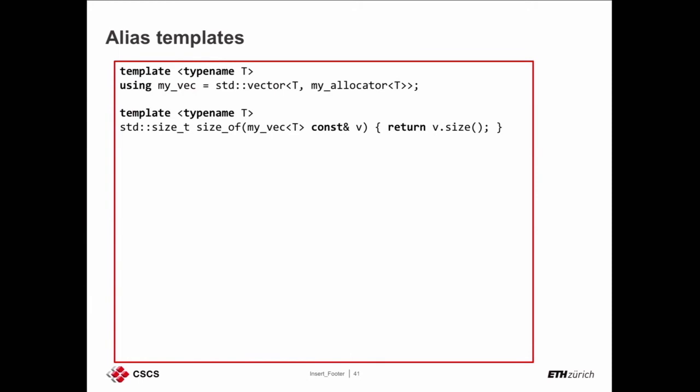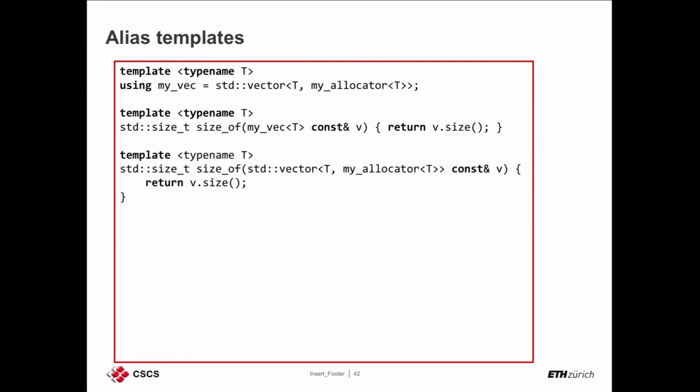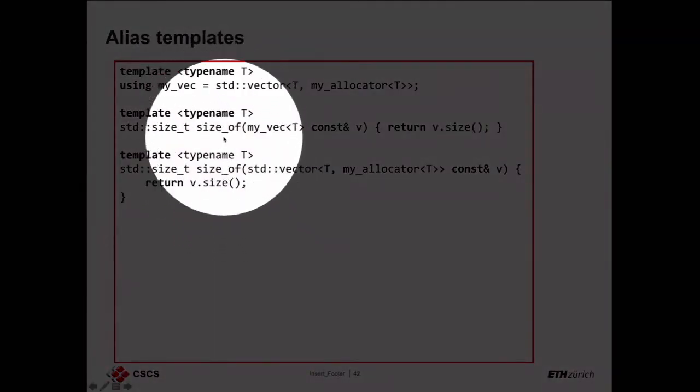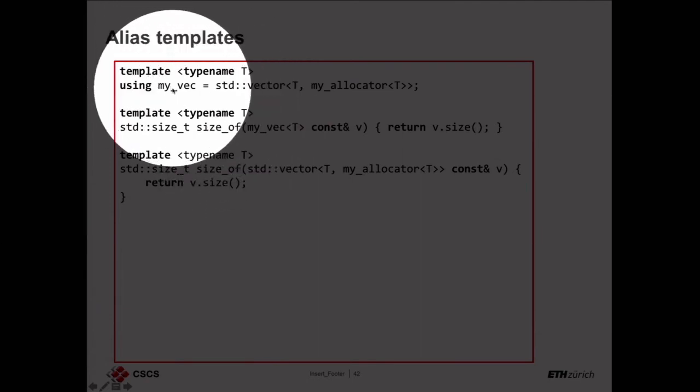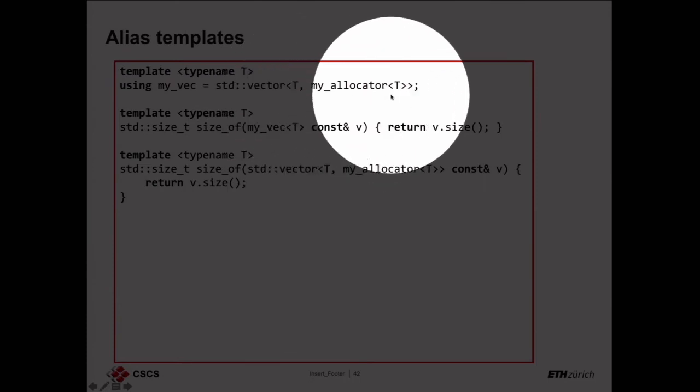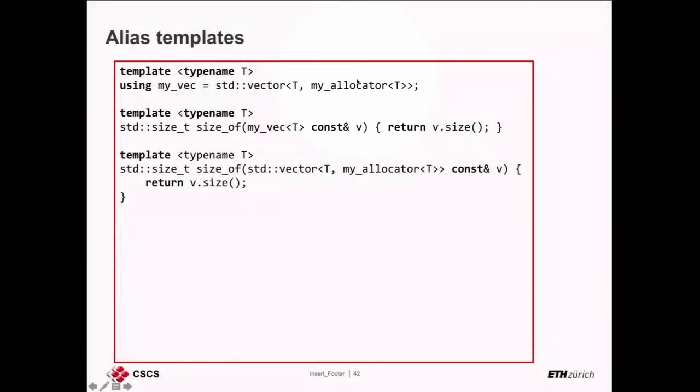There is a little subtlety though, because an alias template is still a typedef, so it's not a type, it's just an alias for something else. In this case, I have a function that calls sizeof. I define my vector, myvec, which is an std::vector with my allocator_t, a class that I have defined somewhere.